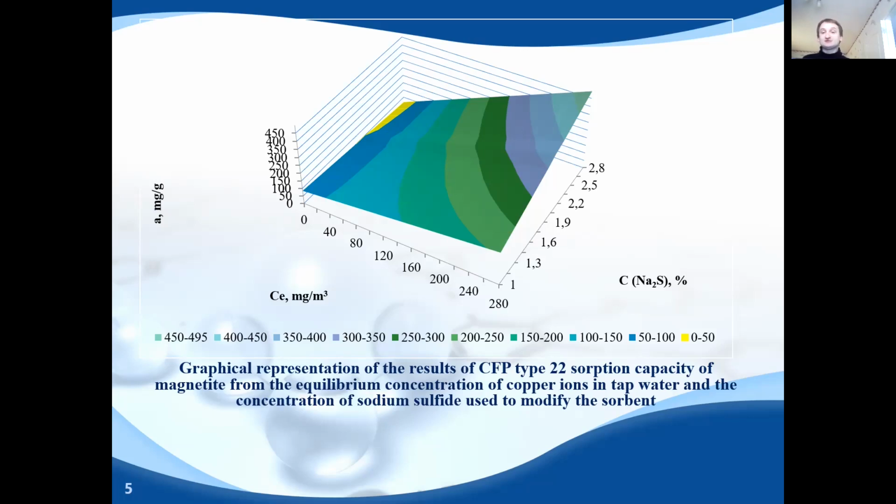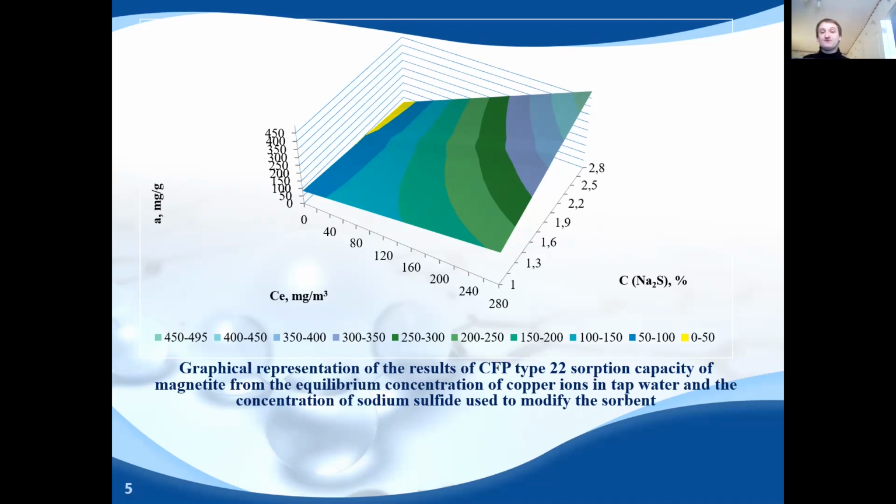These substances, which are partly included in the structure of magnetite, contain functional groups Me-S, which are able to form complex bonds with heavy metal ions, while alkali metals do not interact with hardness ions, and are able to increase the sorption capacity of magnetite. The results shown in figure 3 confirm these assumptions.